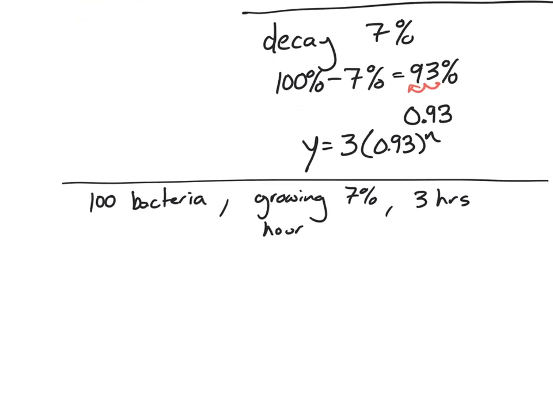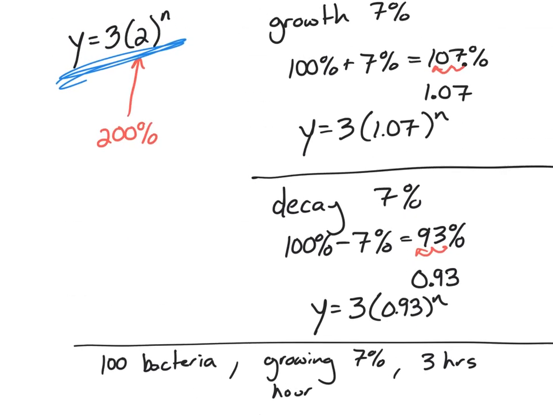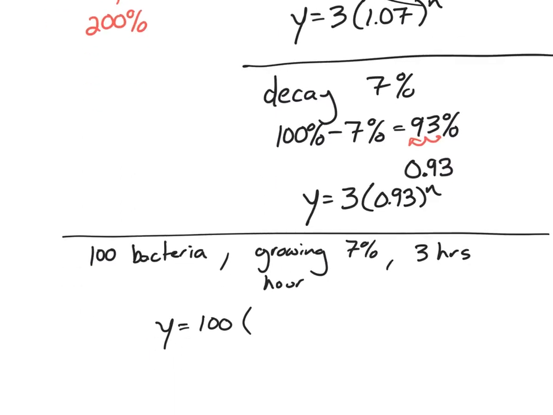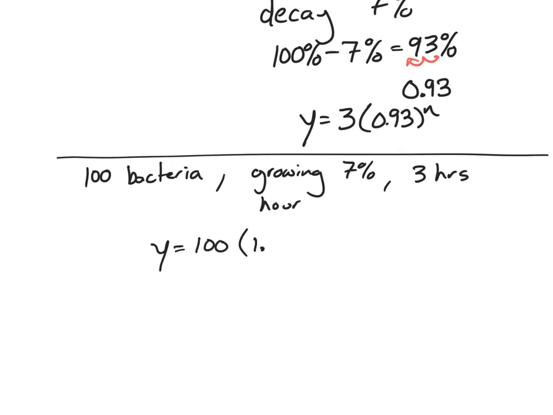So we have y is equal to 100 because we start with 100 bacteria. We said above that our multiplier for 7% growth is 1.07. So I have 1.07 to the third power. Your exponent is the number of time intervals. One time interval we said was an hour, and after 3 hours, so to the third power.